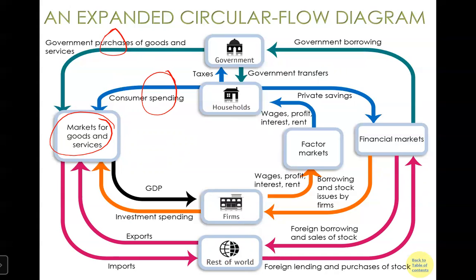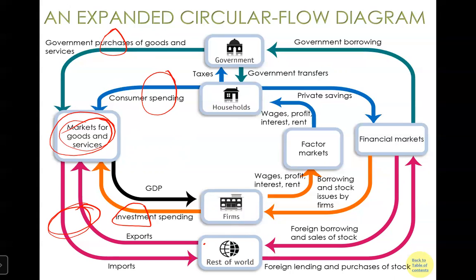Third, we introduce investment spending. Finally, we need to get net export, because we have demand from outside, but we also have demand to outside. So we need to subtract. We need to get net demand for our goods and services.